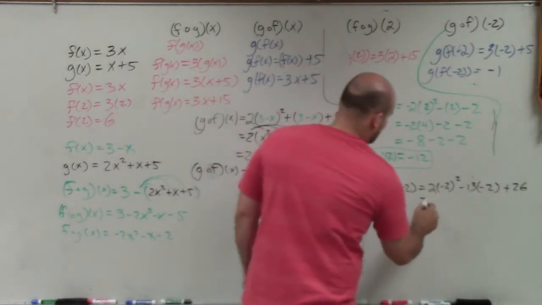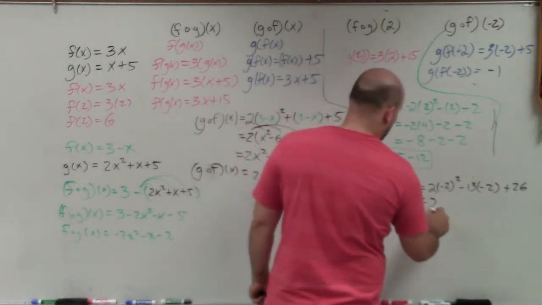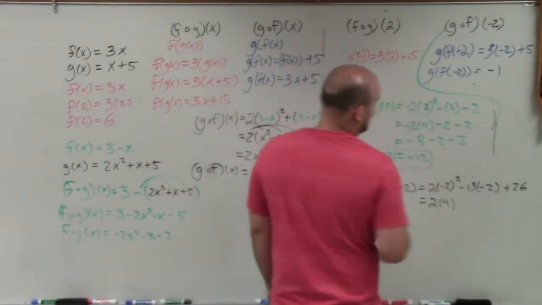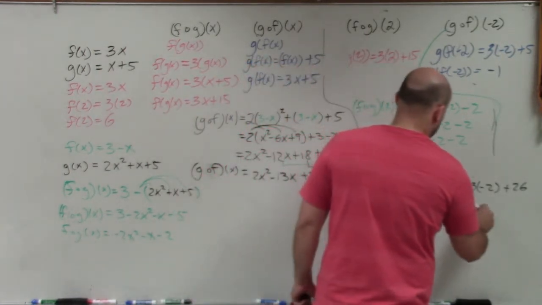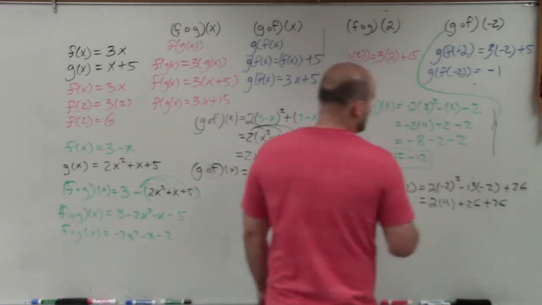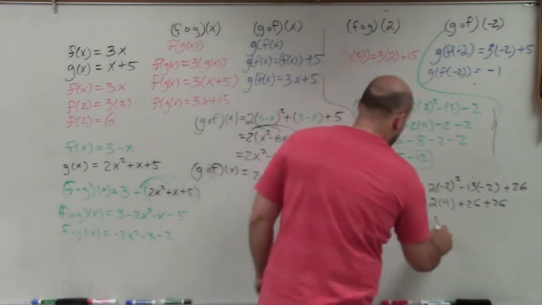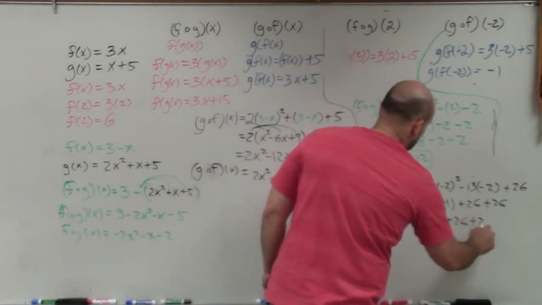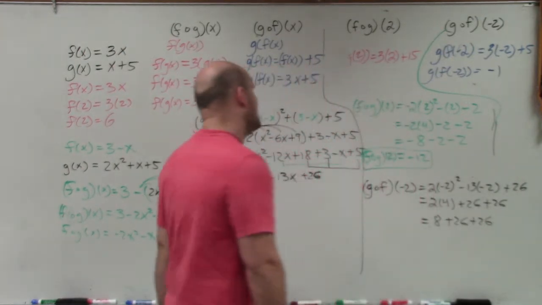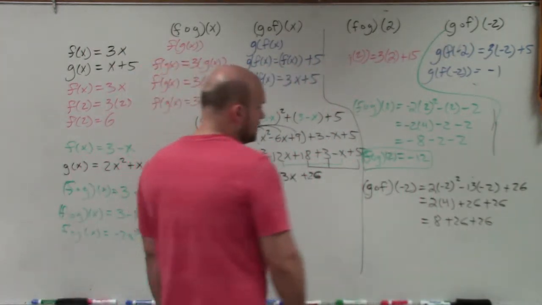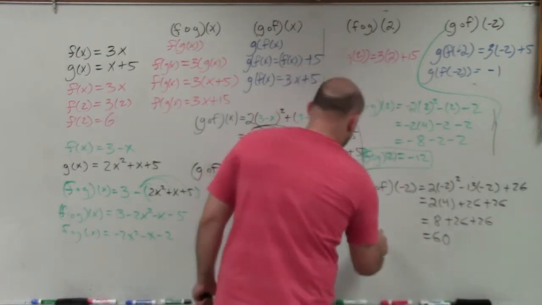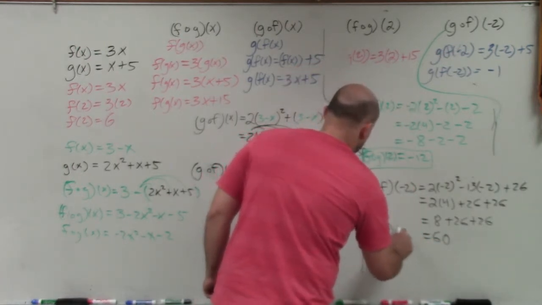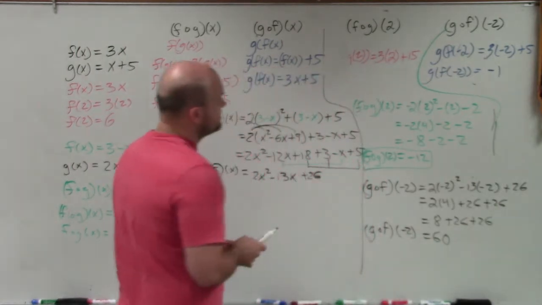OK, so again, negative 2 squared is a positive 4. Negative 13 times negative 2 is a positive 26, plus 26. 2 times 4 is 8, plus 26 plus 26. So 26 plus 26 is 52. Plus 8 is 60. So g of f of negative 2 equals 60.